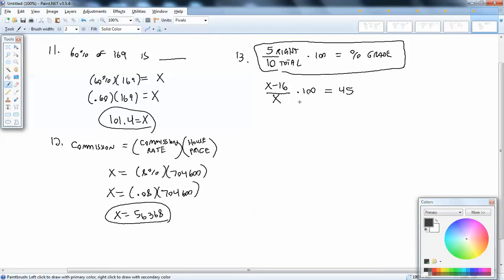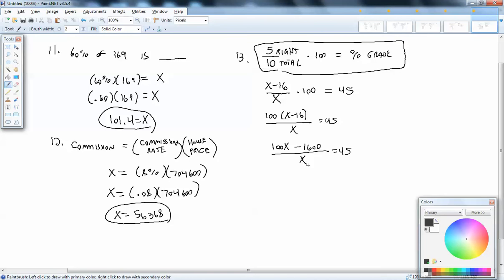First step is get rid of parentheses, don't have any. Actually, I can multiply this 100 through. So that's 100 times x minus 16 over x equals 45, which gives us 100x minus 100 times 16 is 1600 over x equals 45. Second step, get rid of fractions.